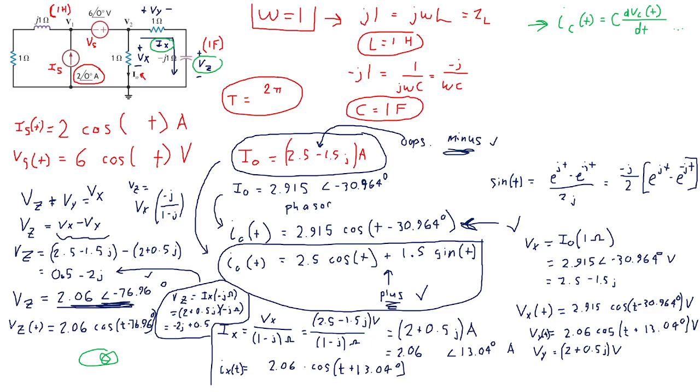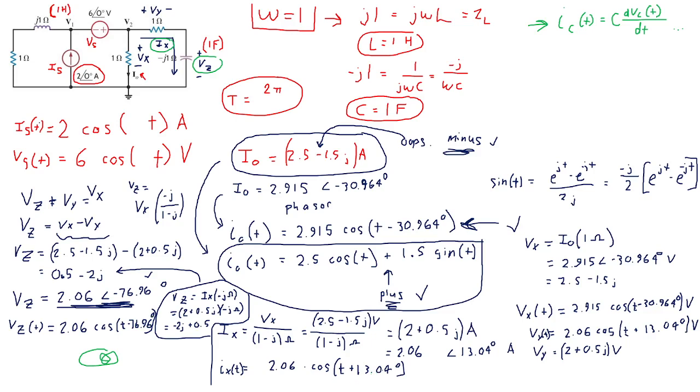So what's happening is, I'm just noting that if we compare Vz of t, which is the voltage on this capacitor, to Ix of t, which is the current through the capacitor, we can see that in this case, the voltage waveform with its minus 76.96 degrees is delayed by 90 degrees from the current.